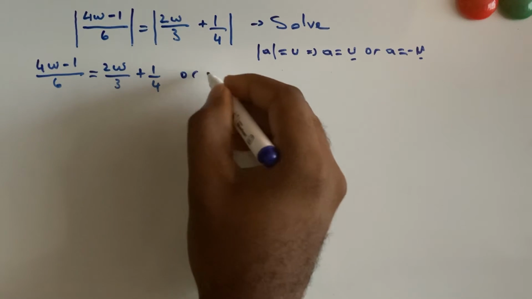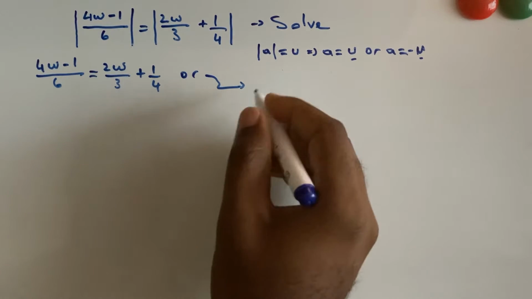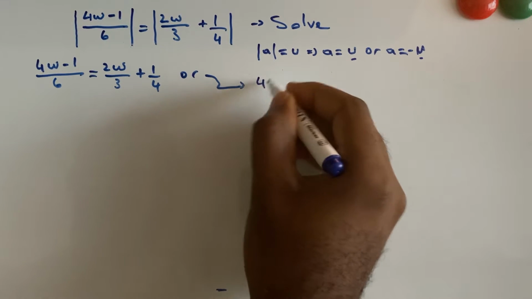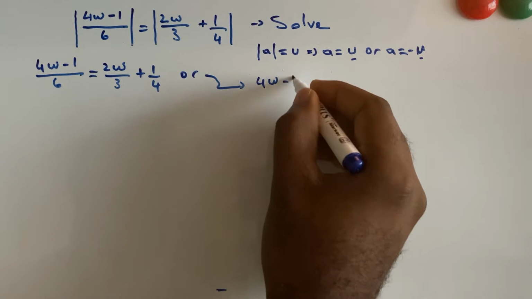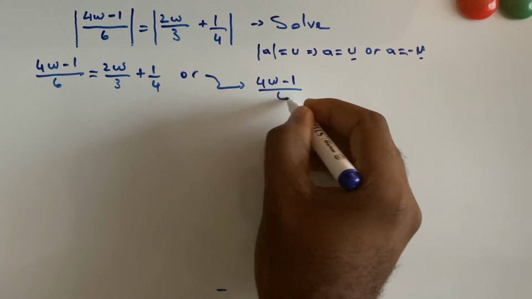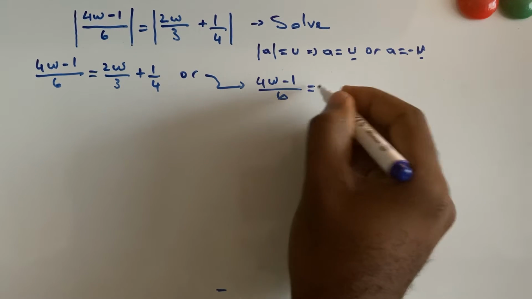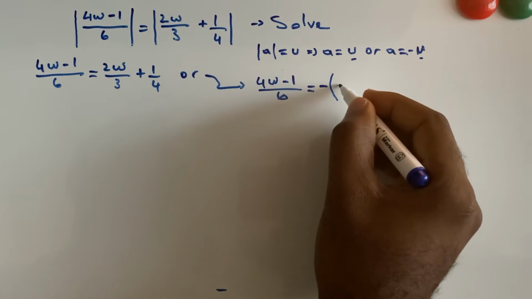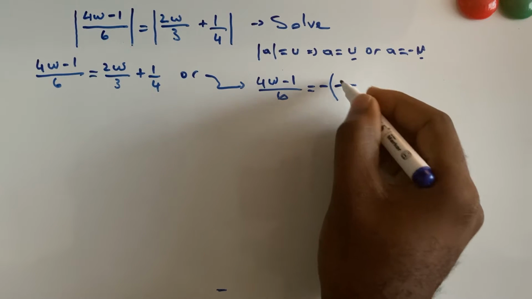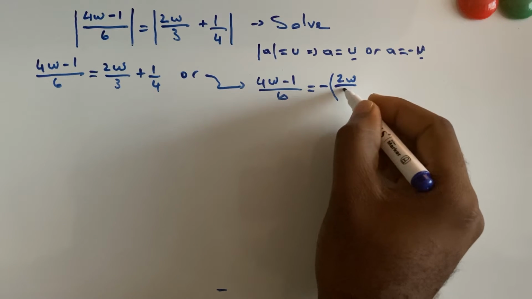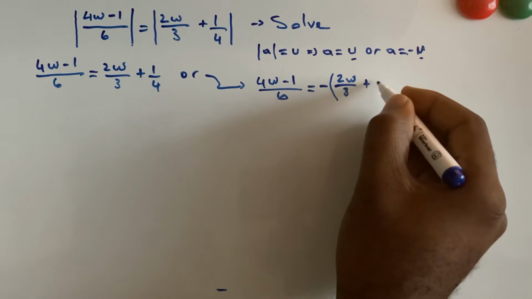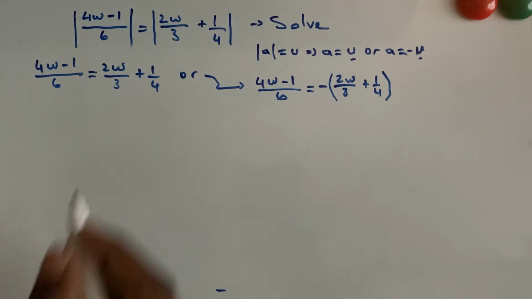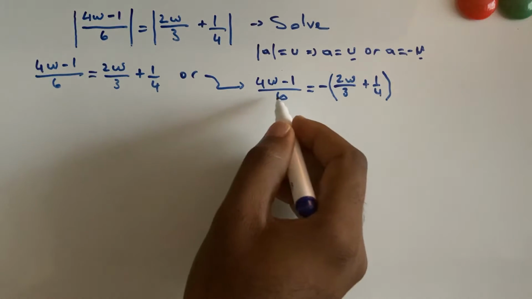Or, and this I'm going to put down here, or 4w minus 1 over 6 equals negative that. So negative 2w over 3 plus 1/4. Okay? So one with the positive or the other one with the negative.